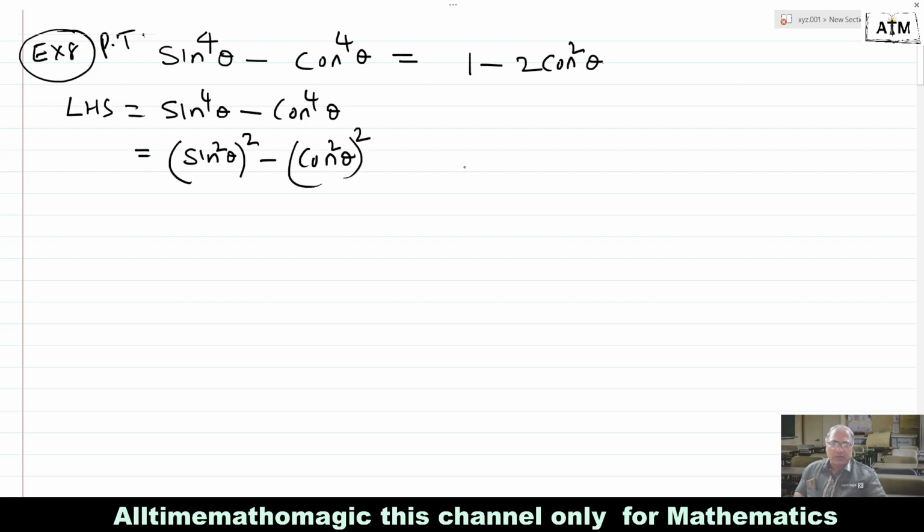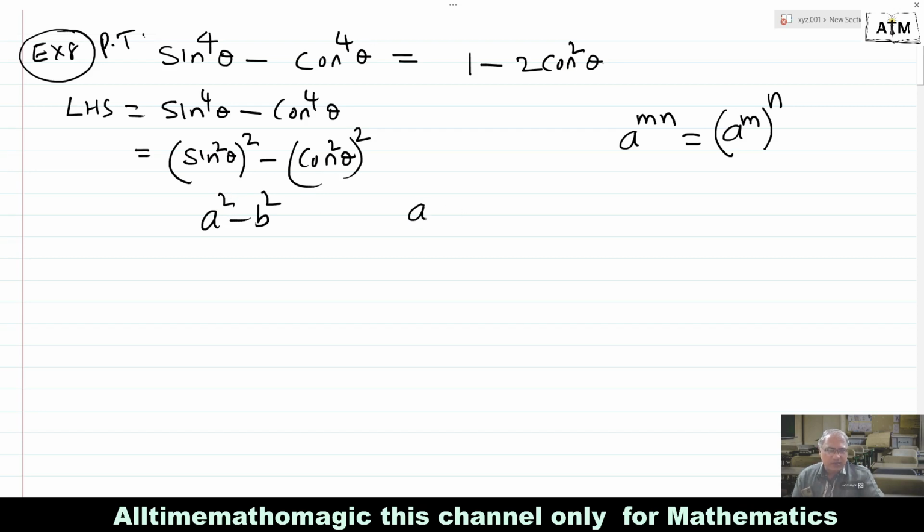You see here, I have done nothing of trigonometry. I have done algebra here, because a raised to m into n equals (a raised to m) whole raised to n. I have utilized this algebraic formula. Then it has now taken the shape of a square minus b square.